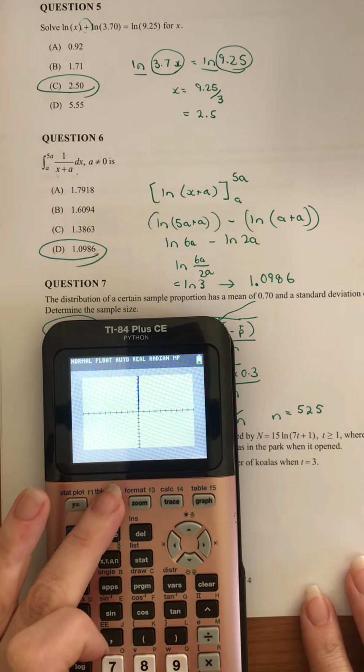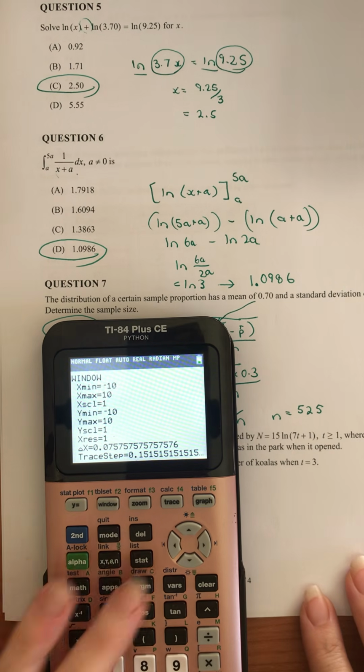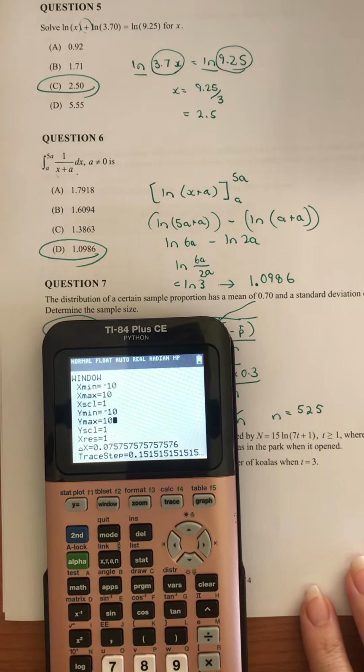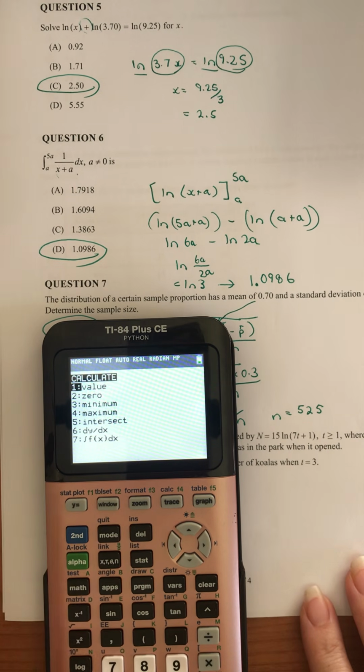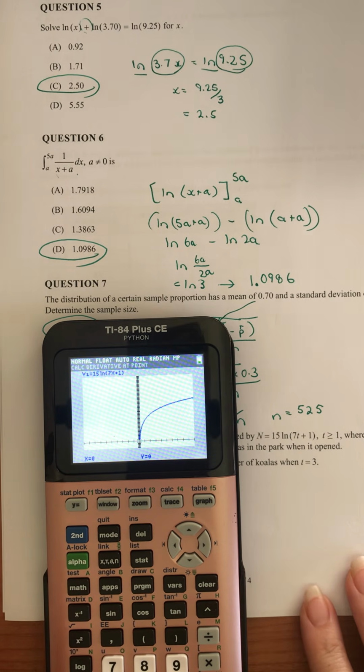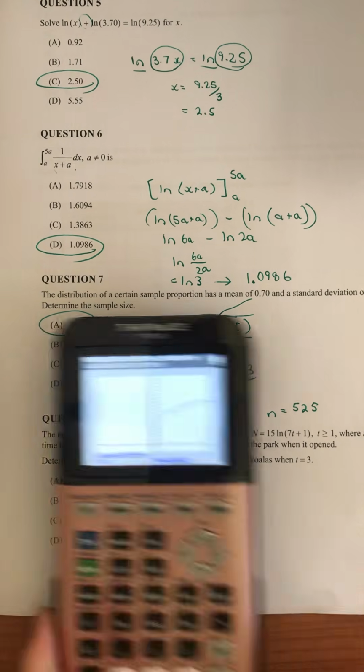I'm just going to change my window to go up a bit higher on my y. There we've got our nice little curve, and then if we use that same derivative function, we can find that rate of change, because that's the gradient at that point. We want when it's equal to 3, and we get 4.772.